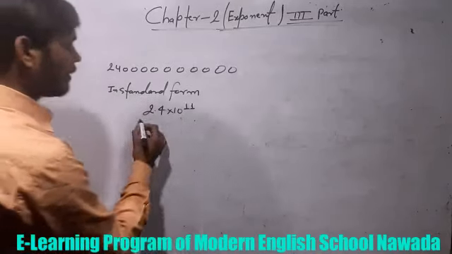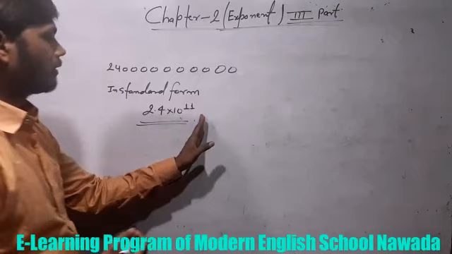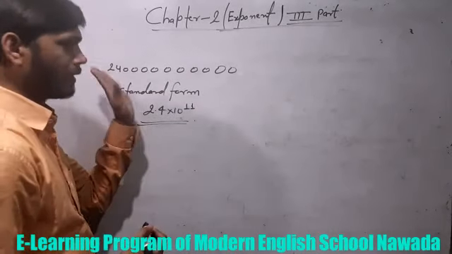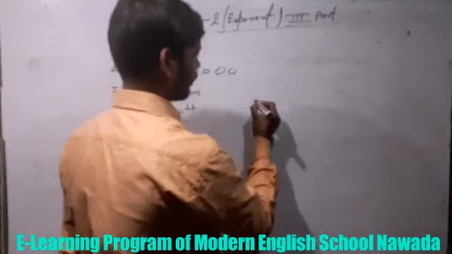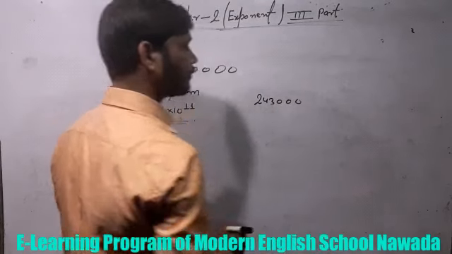Here understand how I write the power as positive in this case. Suppose a simple question, 243,000.